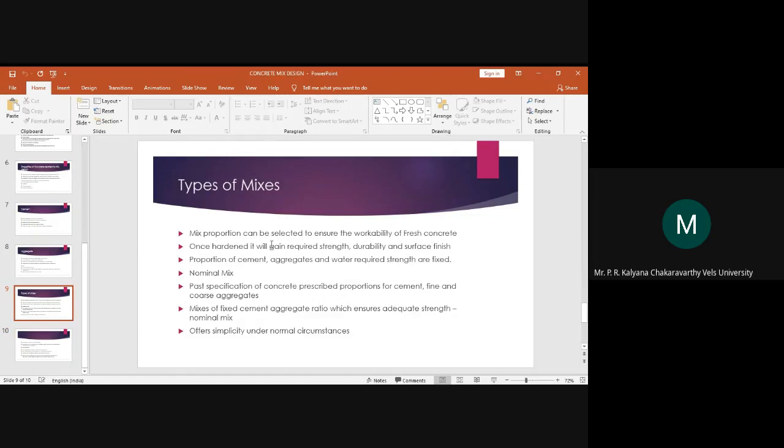Types of mixers. The mix proportion is mainly selected to ensure the workability of fresh concrete first. Second, once it is hardened, it should gain the required strength, durability, and surface finish.